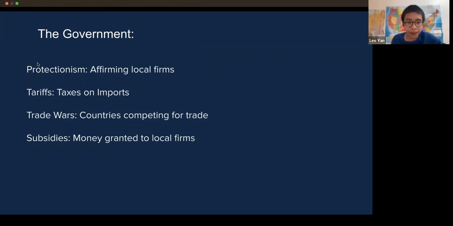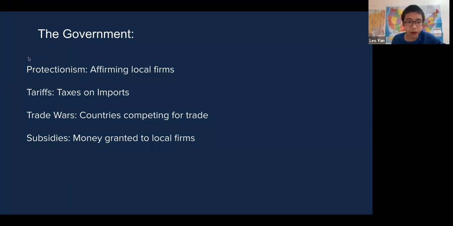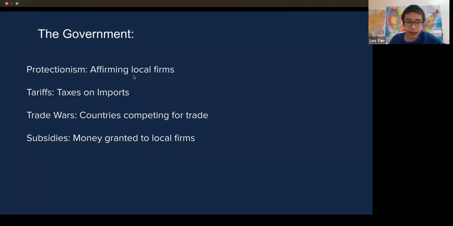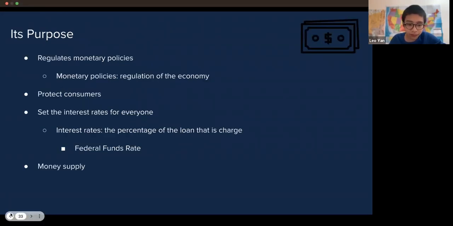So here are some of the measures that they do, and you hear about the news saying talking about trade wars all the time. And here are some of the ways that they conduct trade wars.